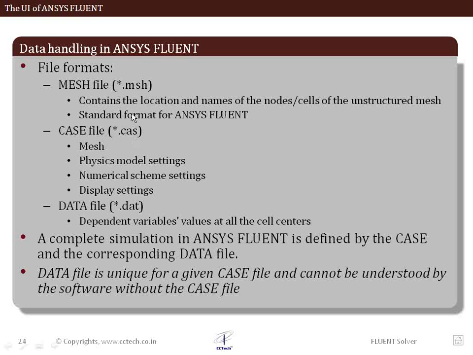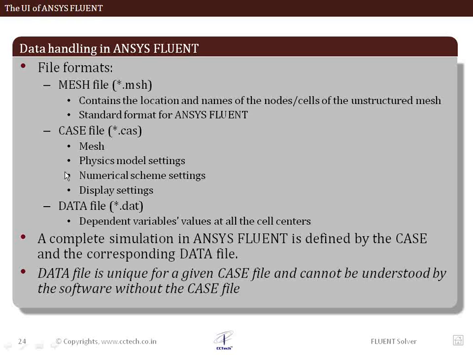The case file contains the unstructured mesh which has been generated. Unstructured meaning every cell has its own name. It's not stored in an IJK format as a typical structured mesh, but it's an unstructured mesh. So the case file does contain the mesh file, but additionally it also contains information about the setting of the problem in terms of physics models, the numerical schemes, even the display settings are stored in the case file.